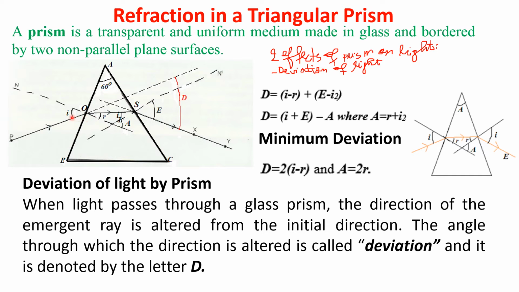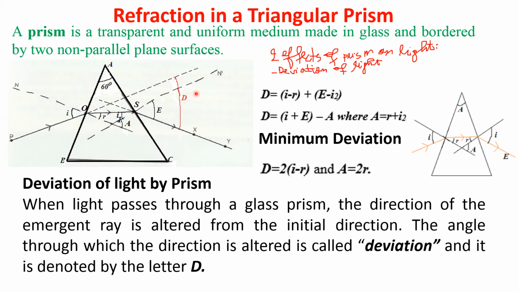Then if we do the prolongation of this first incident ray and do the prolongation of this emergent ray, we will see that this incident ray and the emergent ray make an angle between them, and this angle is called an angle of deviation of the prism.